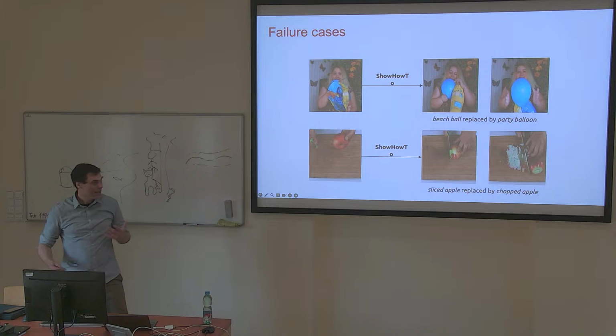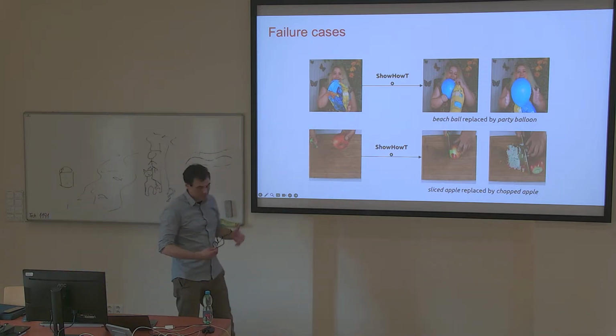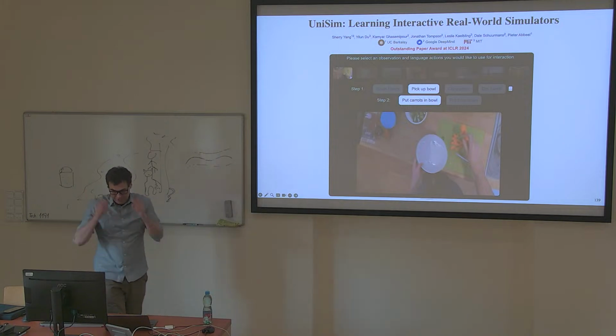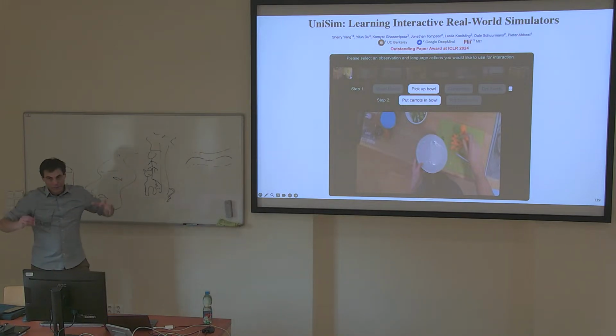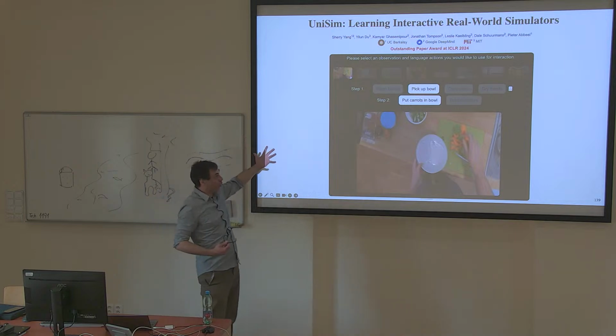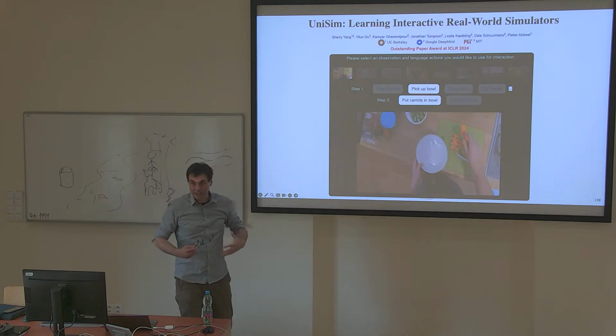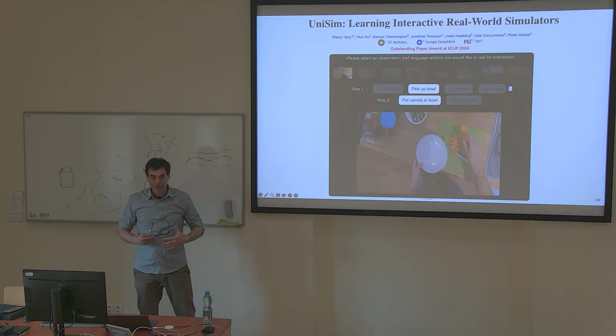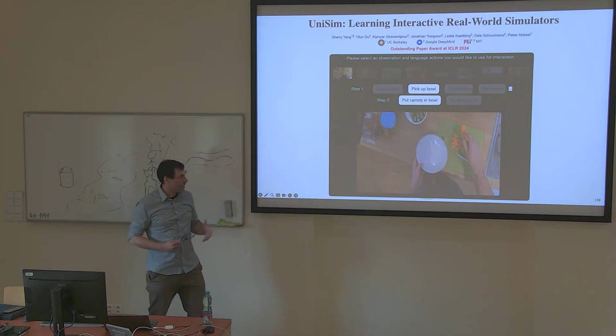Finally, I'm going to show an example of our work in a bit more detail, but there are these so-called real world simulators, which are generative models that you can condition not only on the input image, but also on the actions, and they will generate what would happen.